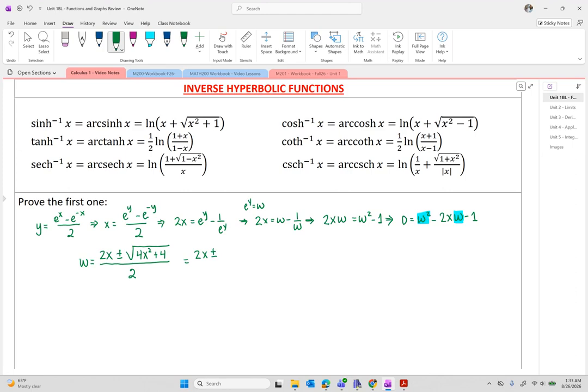The square root of 4 is 2, so it comes out of the square root as a 2. Here I will have x squared plus 1, and in the denominator a 2. These two will divide all terms in the numerator that have a 2 as a common factor. So the answer for w will be x plus or minus the square root of x squared plus 1.